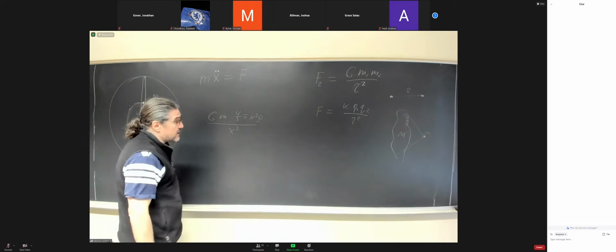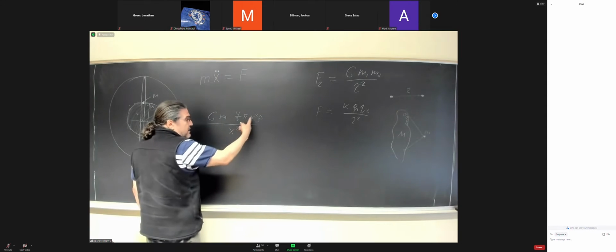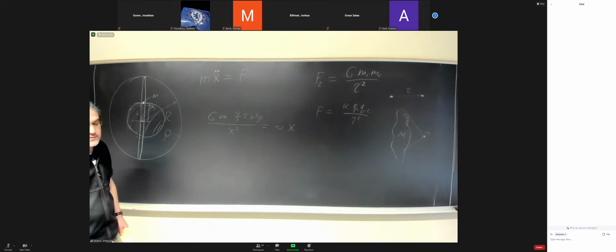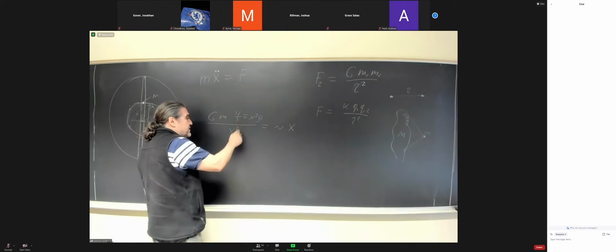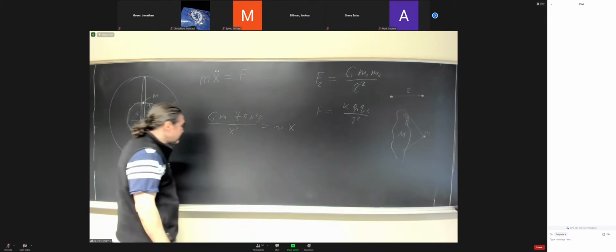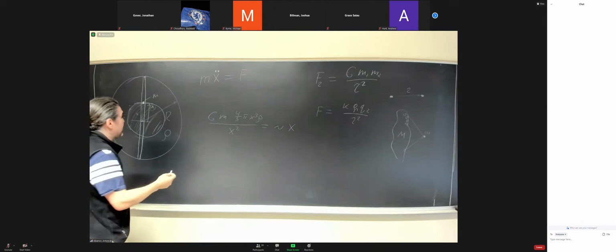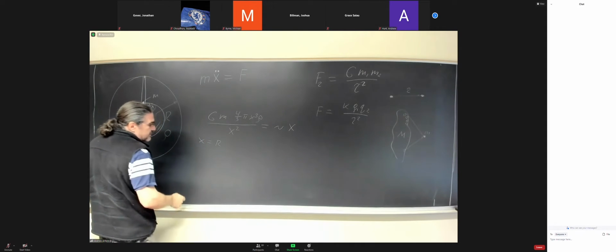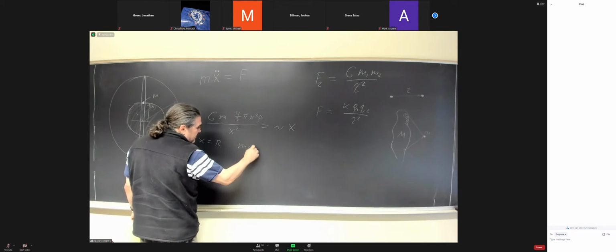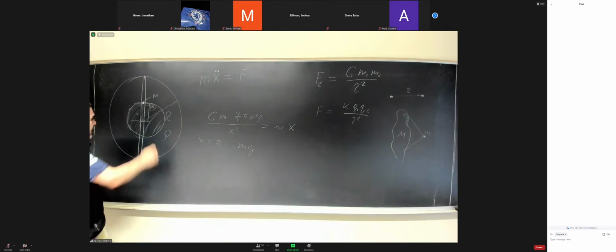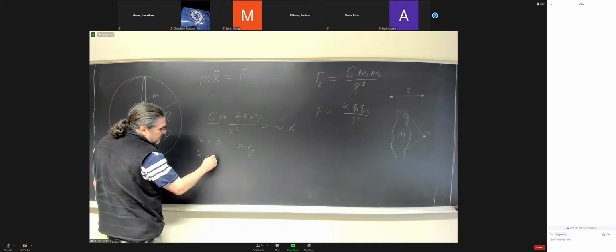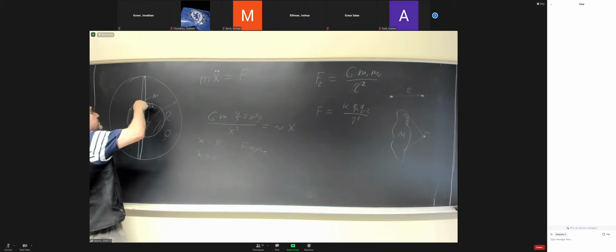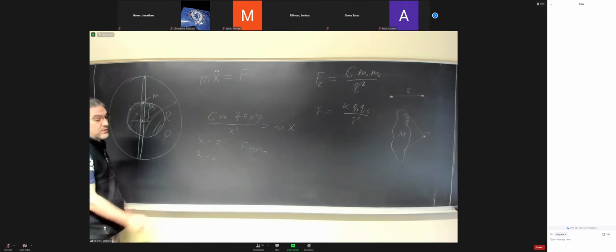So this is the force, and what we can see here is x squared and x cubed. So this is something proportional to x, right? It's some number times x. But we know that when x equals r, the force must be mg, because that means the object is right on top here, and we know the force here is mg.